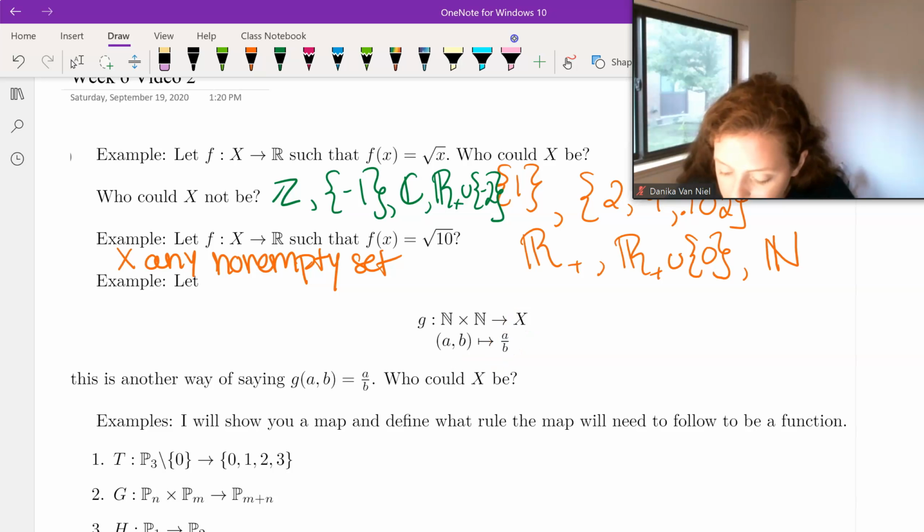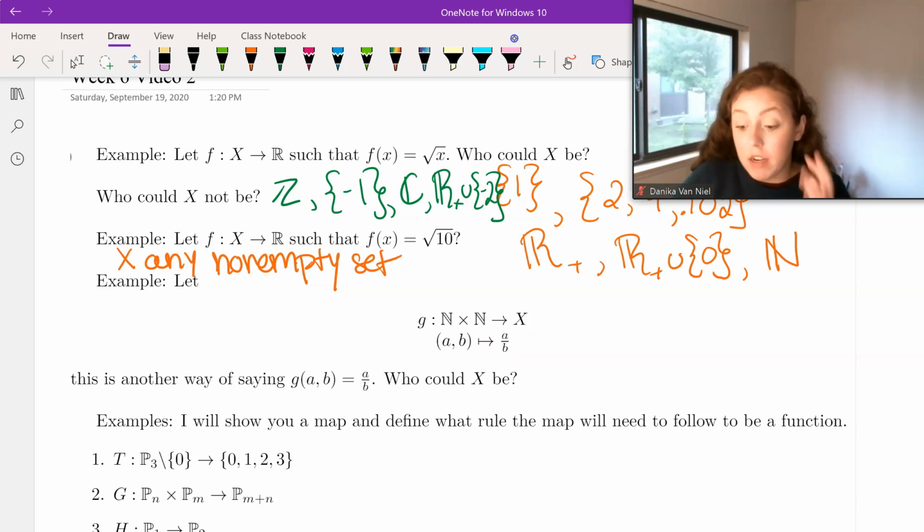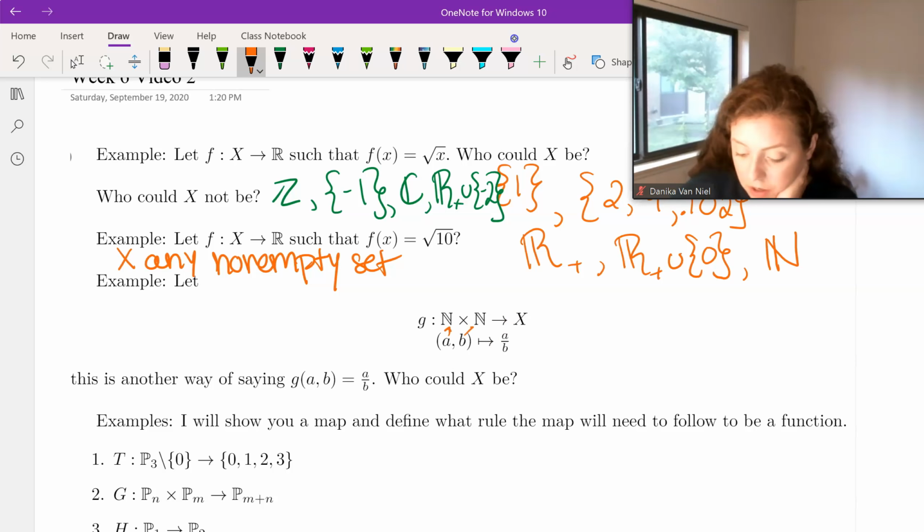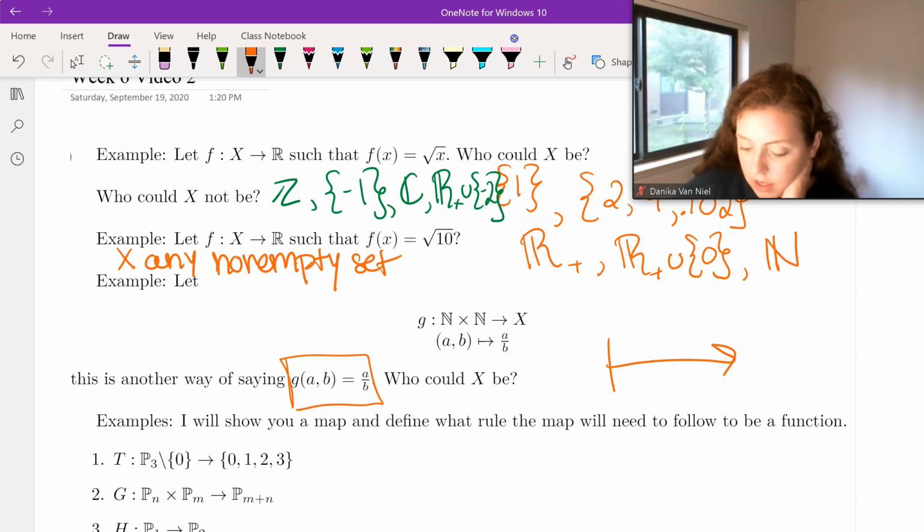The a and the b aren't random. a comes from here, b comes from here, and it's the same elements when you move over here. So I wrote down here another way to say that. But notice it's not just an arrow, it's got this line on one side and then an arrow. So how this reads is: a comma b maps to a divided by b. So this is 'maps to', okay?